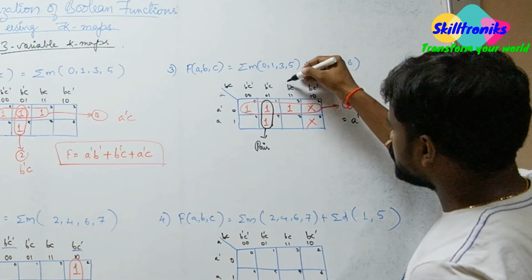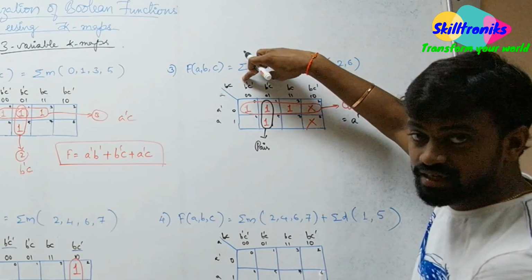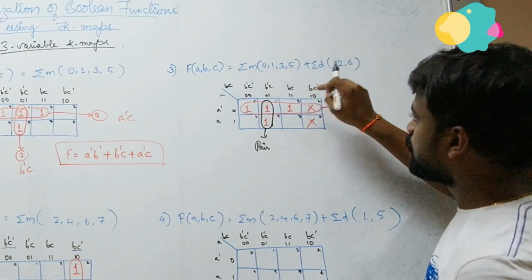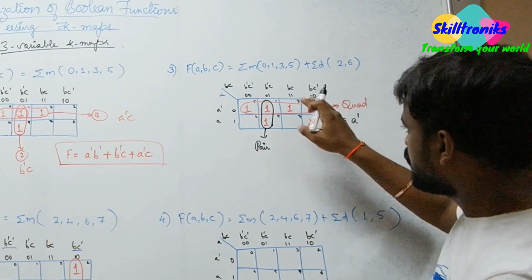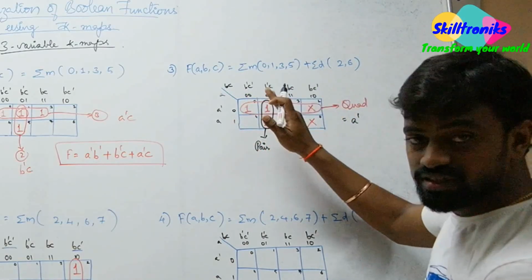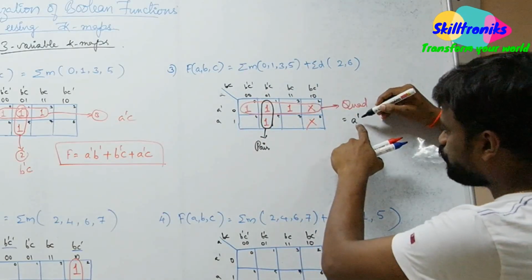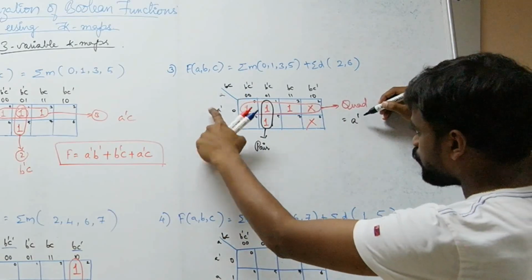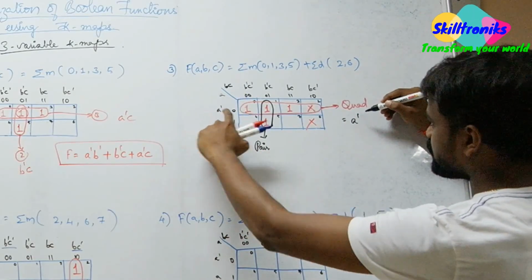For 2 minterms b is unchanged, for the other 2 b is unchanged. In the same way, the c. That means none of the input variables are getting qualified because you are forming a single group, and for a single group all the variables are changing from one minterm to other minterm. So the only variable that gets qualified for the output is a dash.